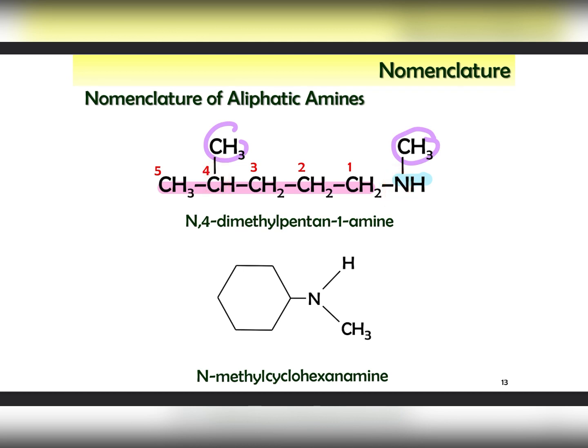So when writing the name, it will be N,4-dimethylpentanamine. Right, next example. Let's have a look at this example. For this structure, the longest chain is 6 carbons. It is cyclic.